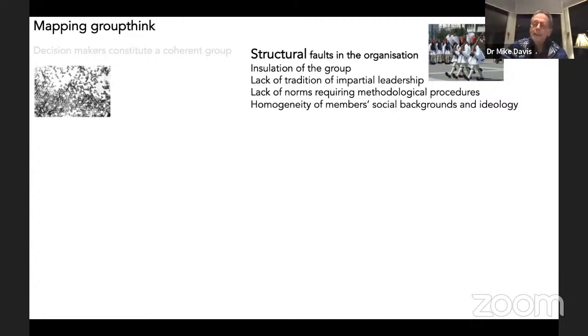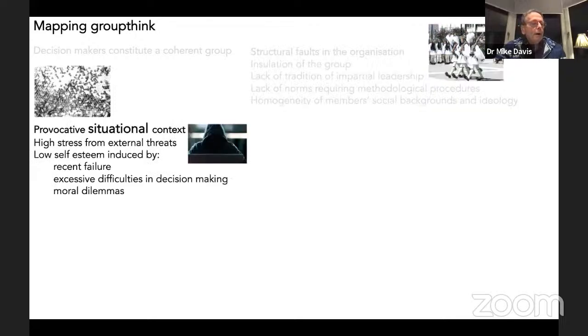And these can be in the way in which systems and responses are organized, or the sort of protocols that people are forced into situations, etc., etc. But there are provocative situational contexts, and these are the sort of things that you can identify by virtue of the nature of their external threat.